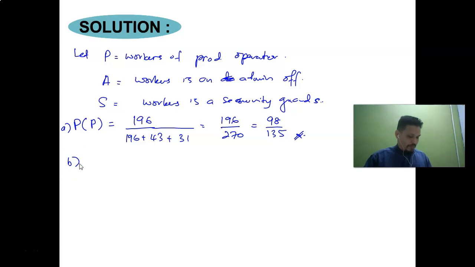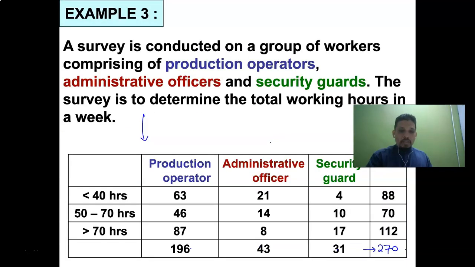Then the next question, workers who work between 50 to 70 hours. So the probability of workers who work between 50 to 70 hours. It means that we need to refer to the table again. Working 50 to 70 hours is equal to 46 plus 14 plus 10, which equals 70.